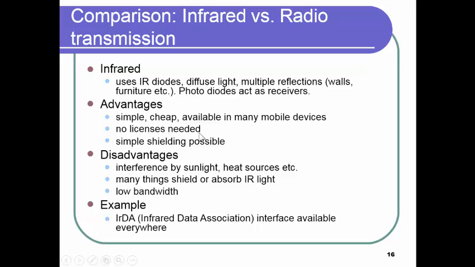So here in case of infrared, IR diodes are mainly used for data transmission and photo detectors for the detection, where there is diffuse light, multiple reflectors and wall furniture. And as I said, the photodiodes are responsible to receive the infrared to reconstruct the information.